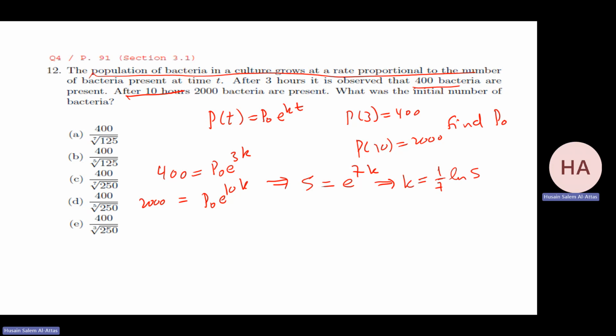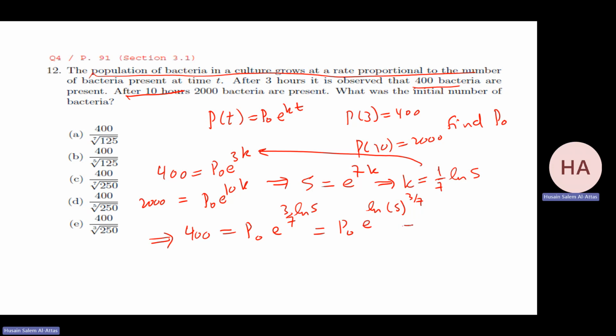ln 5. Substitute this here. I have 400 equals P0 e to the power 3 over 7 ln 5, which is P0 e^(ln 5 to the power 3 over 7), which is P0 5^(3/7).